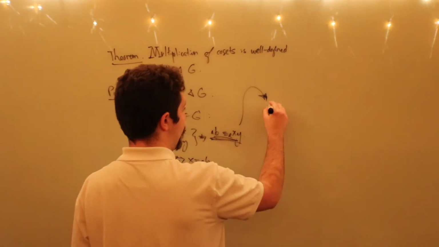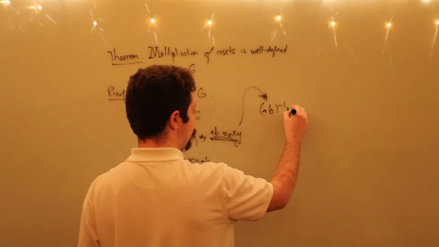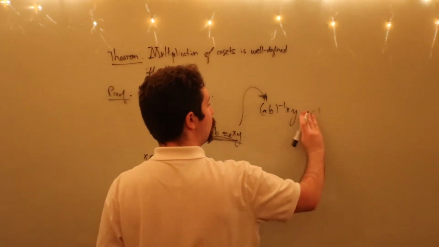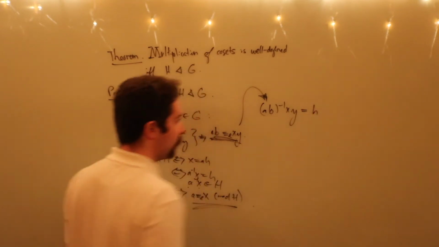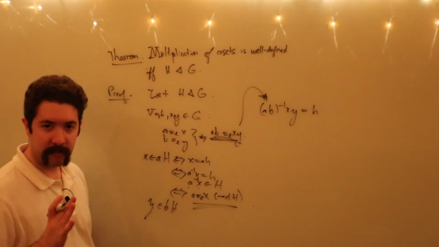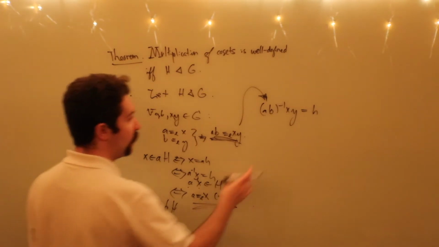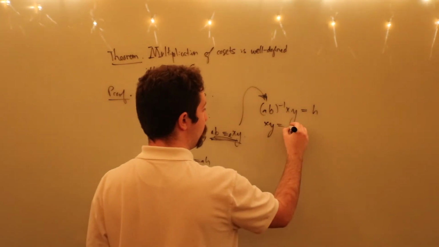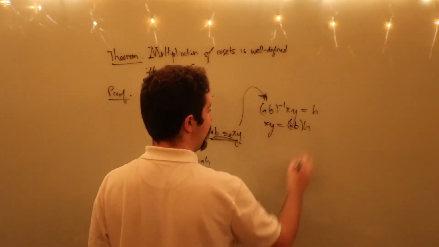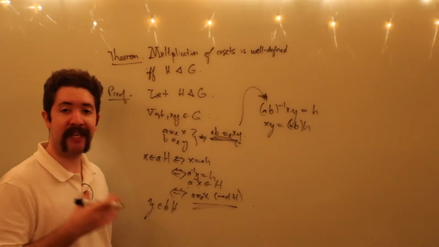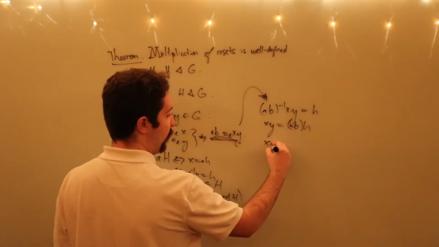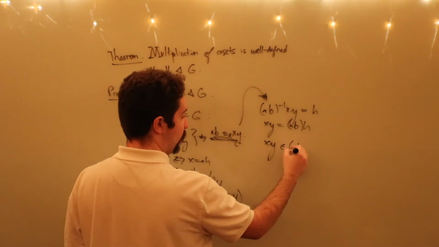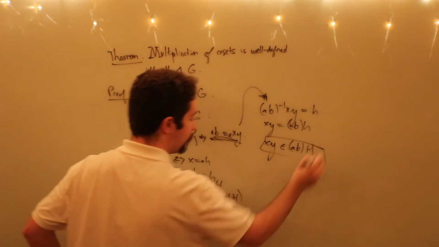We're going to have that (AB) inverse times XY is going to be in H, which means that it is equal to some little h, not necessarily the same one here, just so we're clear. And then we can multiply through and we can say this means that XY is equal to AB times h, and this is exactly what we mean by it being contained in the left coset, right? So we have XY is contained in ABH, right?